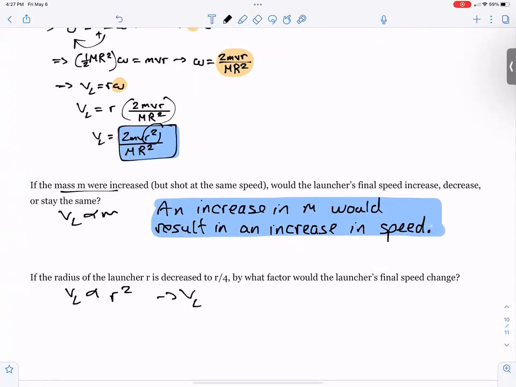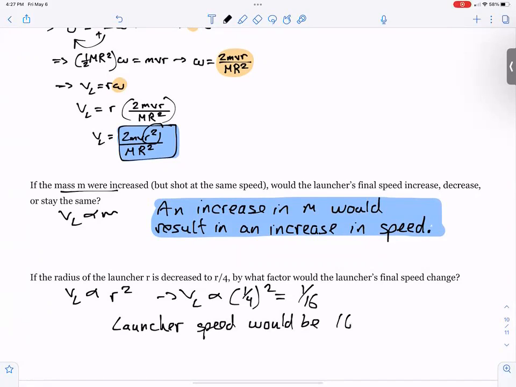So the speed of the launcher would be proportional to 1/4 squared, which would be 1/16. So what that basically means is the launcher speed would be 16 times smaller, decreasing by a factor of 16.